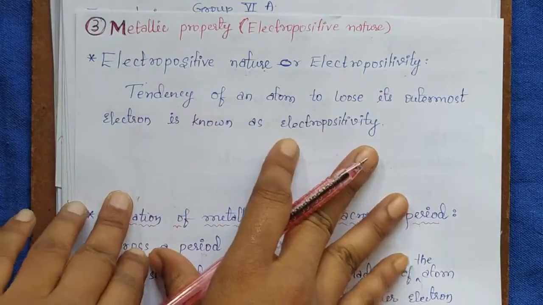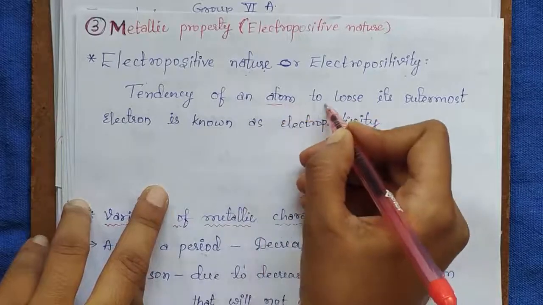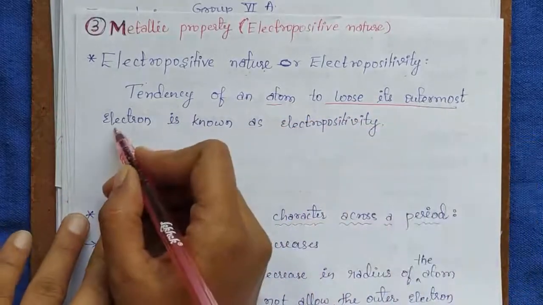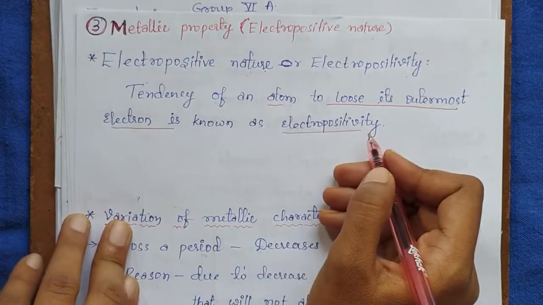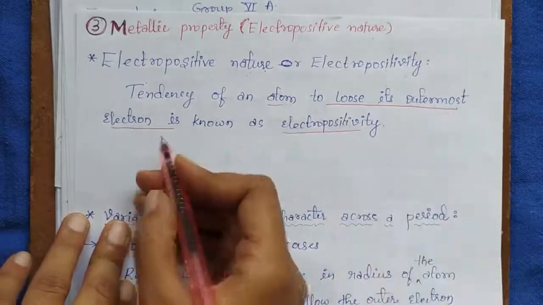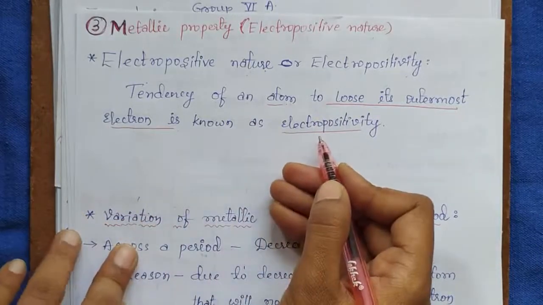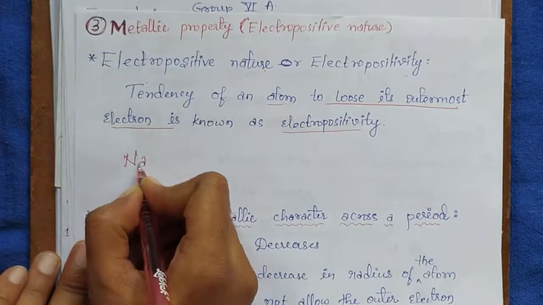Let us see. The tendency of an atom to lose its outermost electron is known as electropositivity. For example, we'll take the sodium atom.